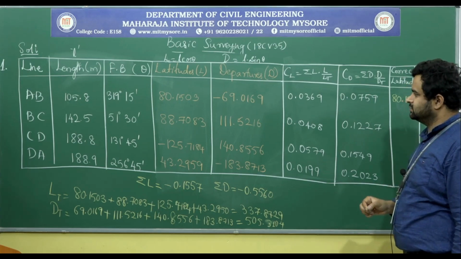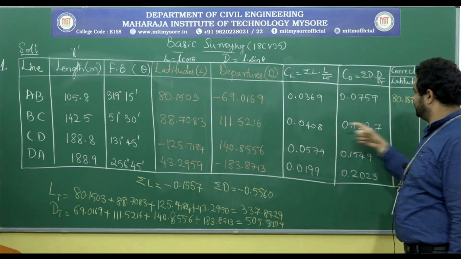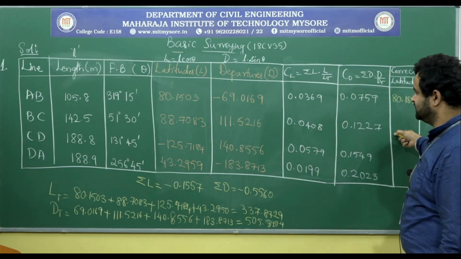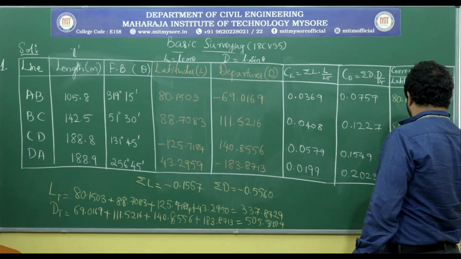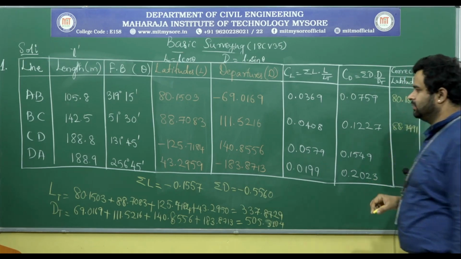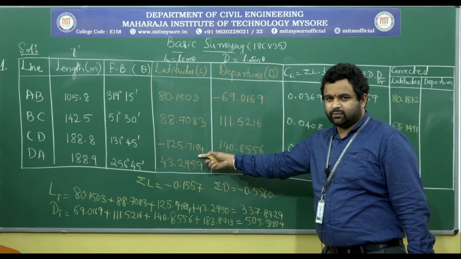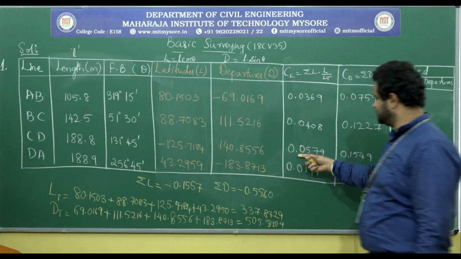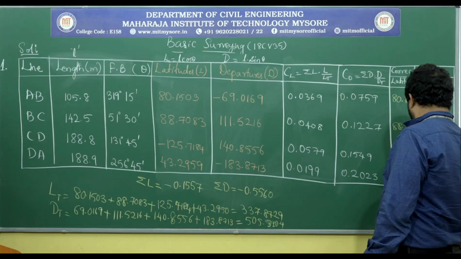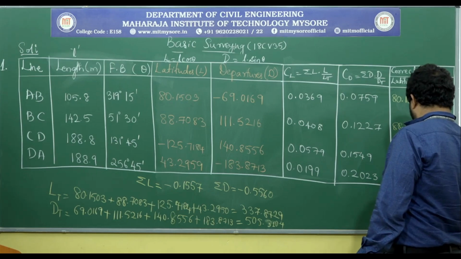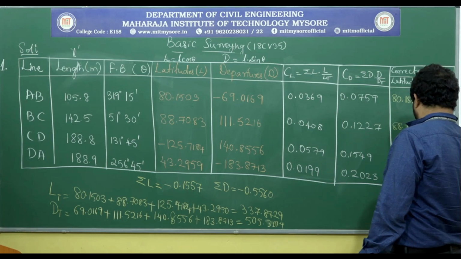Okay, next, latitude of this line plus the correction will give you the corrected latitude, that is 88.7491. Similarly, for the next line CD, minus 125.7184 plus 0.0579 is equal to minus 125.6005.